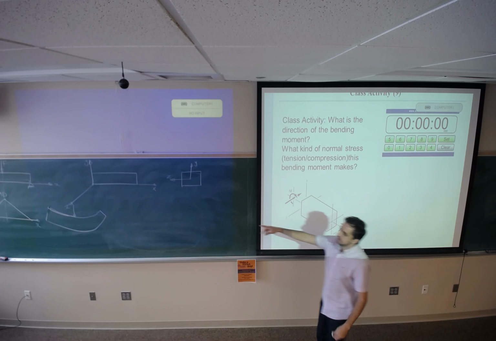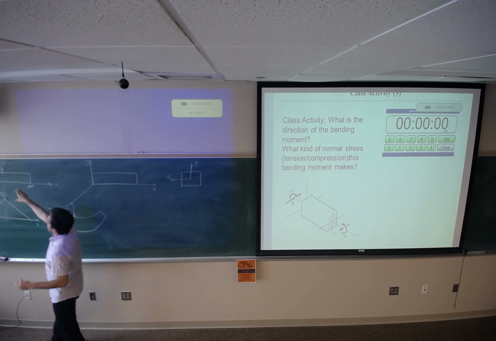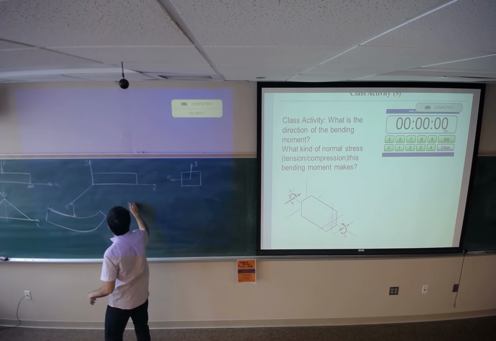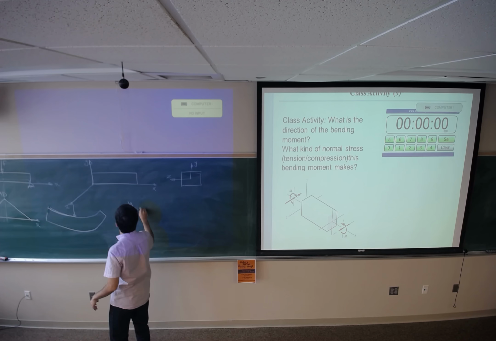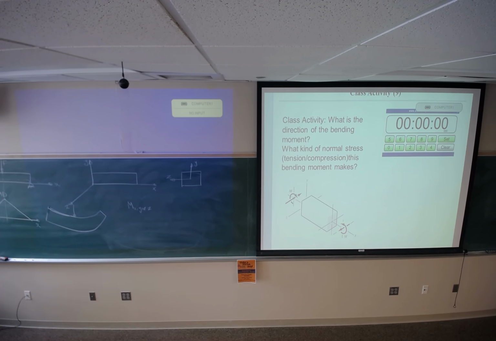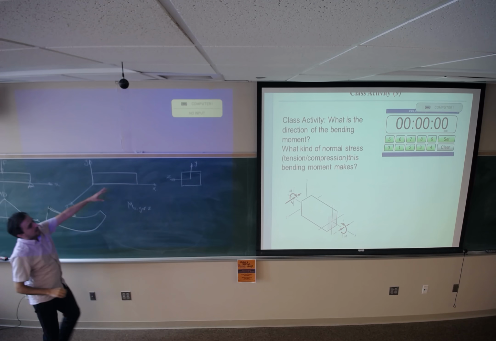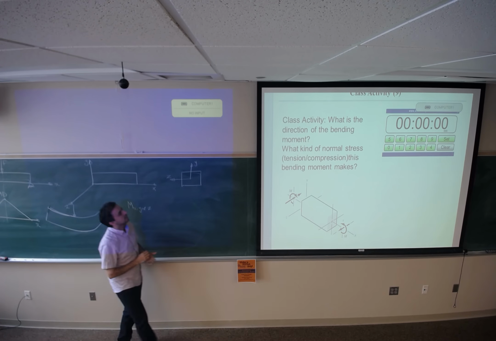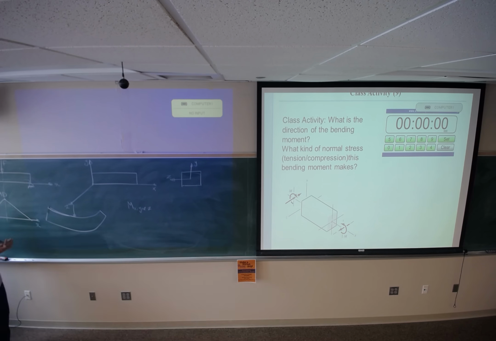If this is under bending moment, what should be the index of M: X, Y, or Z? And then, what kind of normal stress can you see applied to this cross section, which is located at the middle of the beam? Do you see tensile or compression?